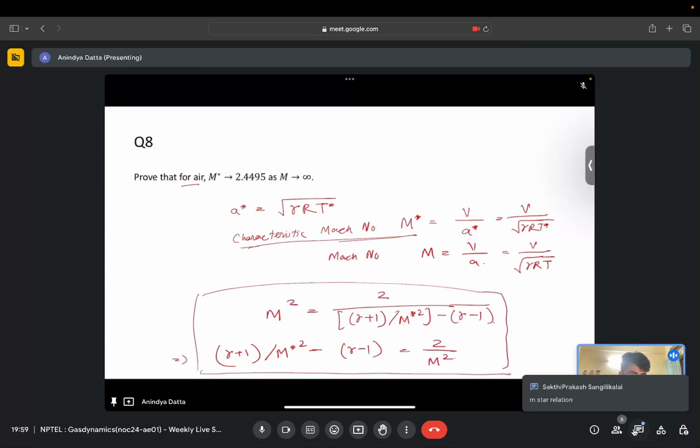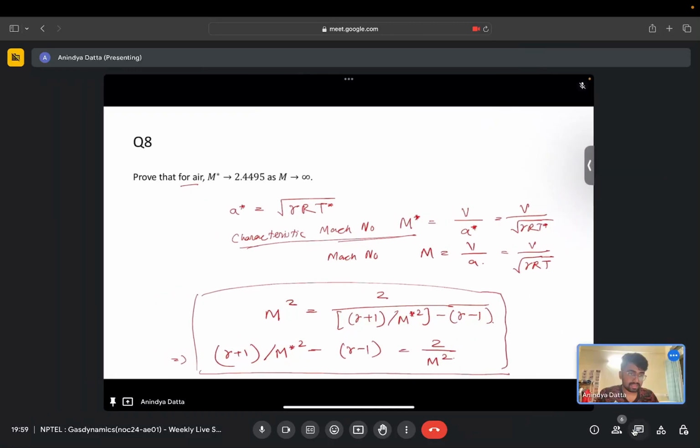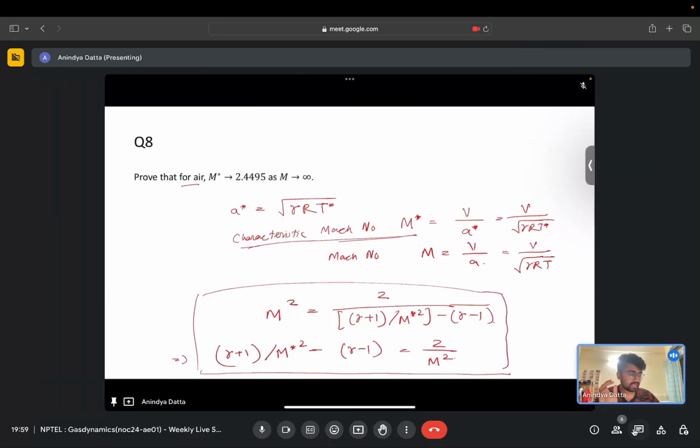Remember again, all these equations are derived based on the assumption that it is a calorically perfect gas, because everywhere you will put enthalpy equals Cp into T, and then write Cp as gamma R by gamma minus 1, so that you can combine and get the speed of sound expression and rearrange all the equations.